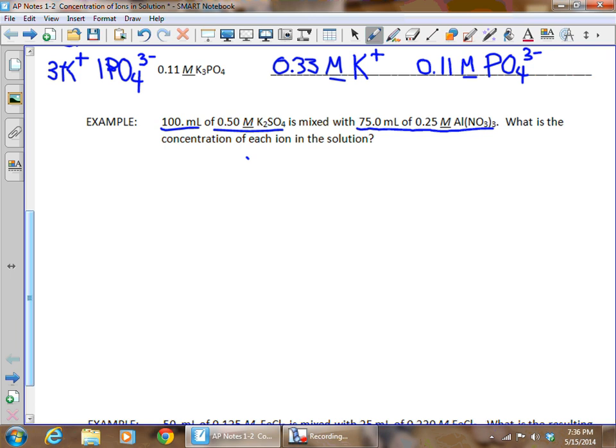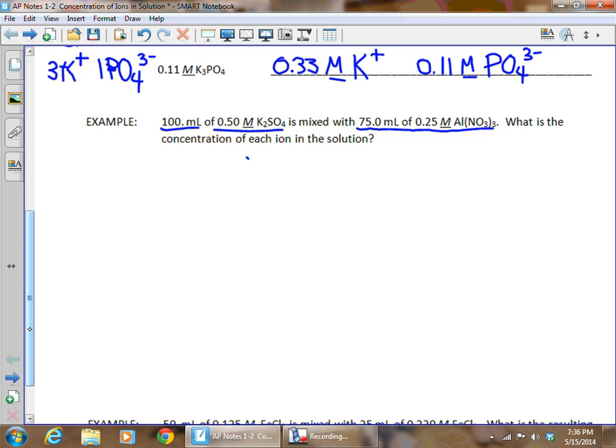And we want to find the concentration of each ion in the solution. For one thing, we know that anytime we mix 2 solutions together, the concentration is always going to be moles over total liters.